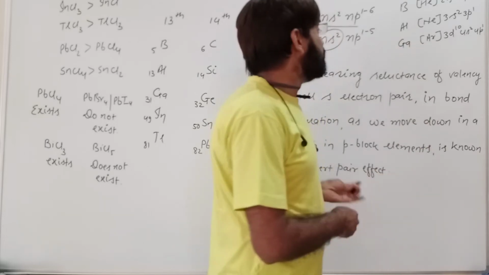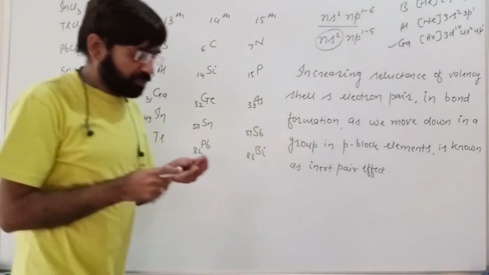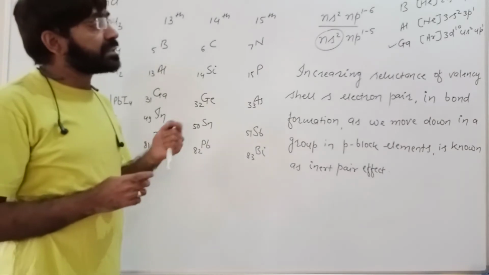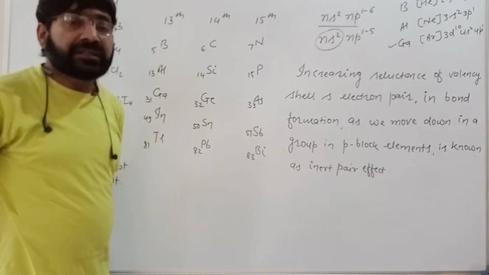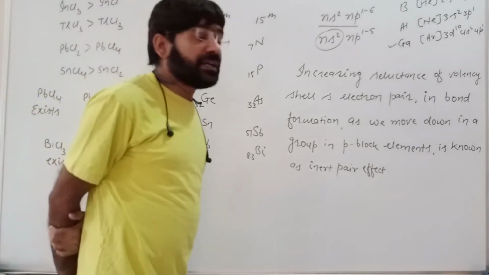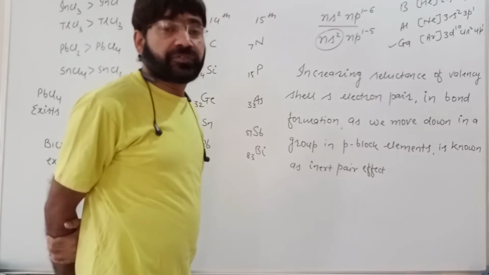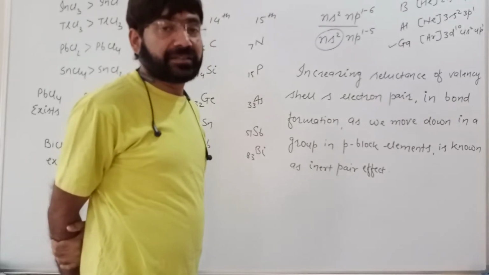So the third element of the group contains 3d10 electrons, the fourth element contains 4d10, and the fifth element contains 4f14 and 5d10.